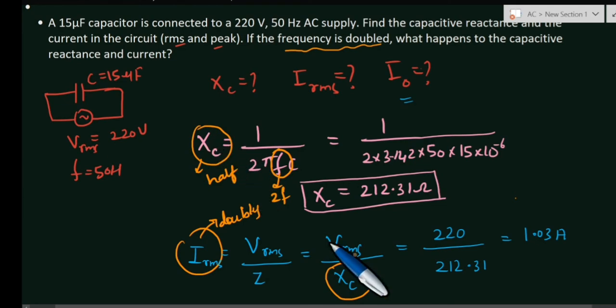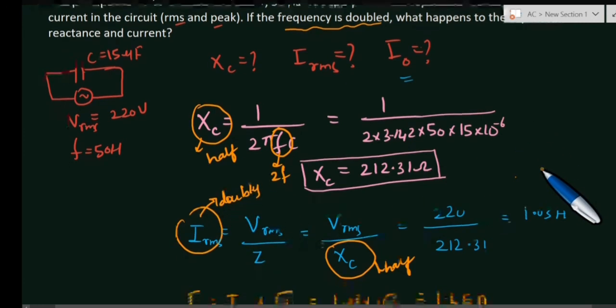If XC is half, current doubles. So if frequency is doubled, the capacitive reactance reduces to half, and current, that is IRMS, doubles. Okay, next question.